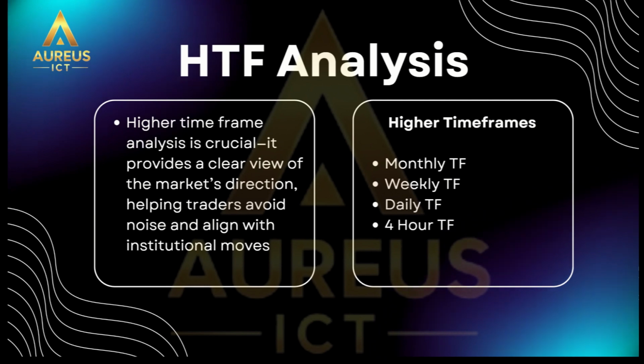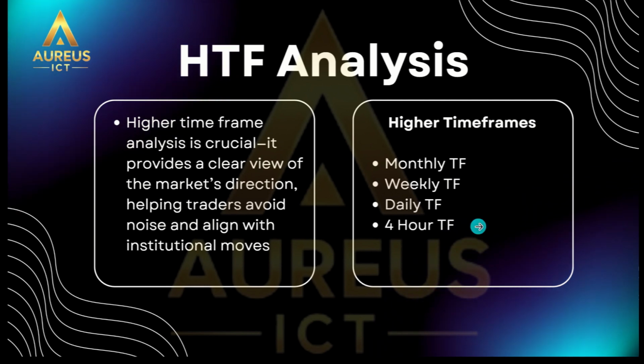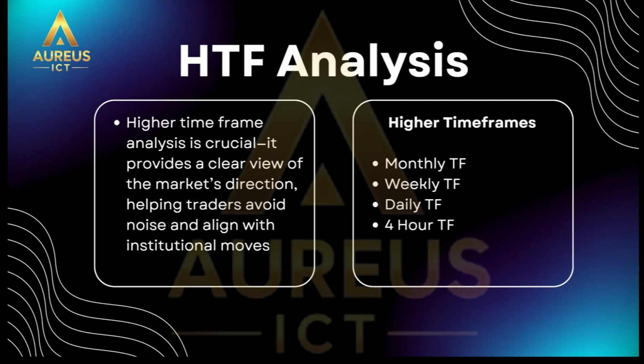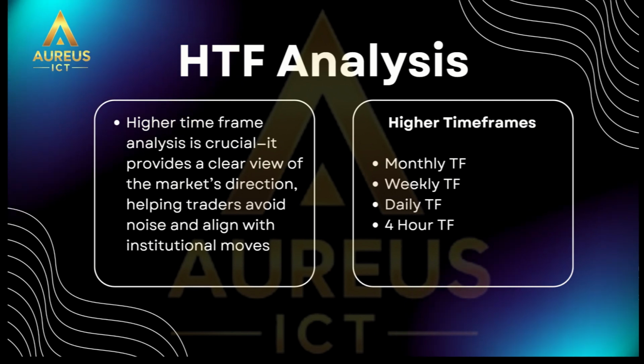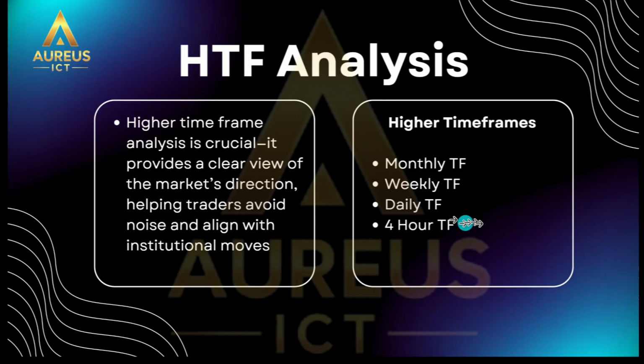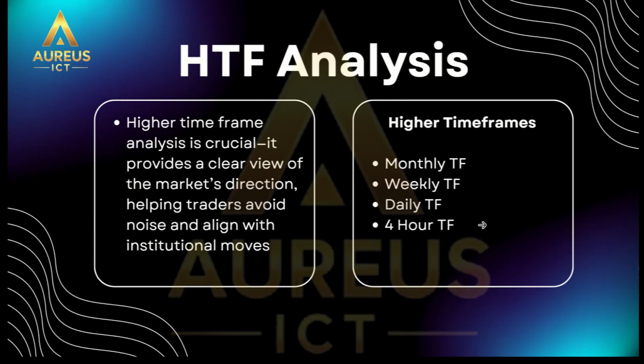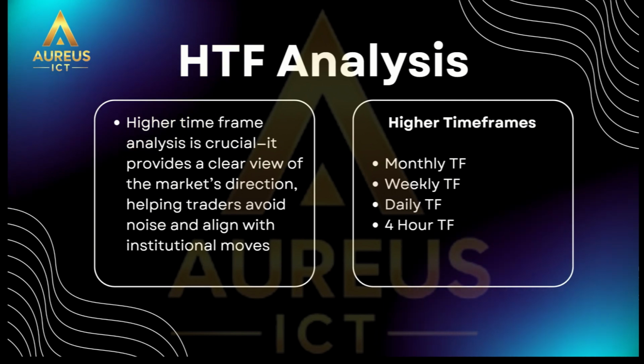And now we are talking about higher time frame analysis, and these here are the higher time frames. At the highest we have the monthly time frame, and then we have the weekly time frame, which is directly below the monthly, and we then have the daily time frame, which comes below the weekly, and then we have the 4 hourly as our last higher time frame.